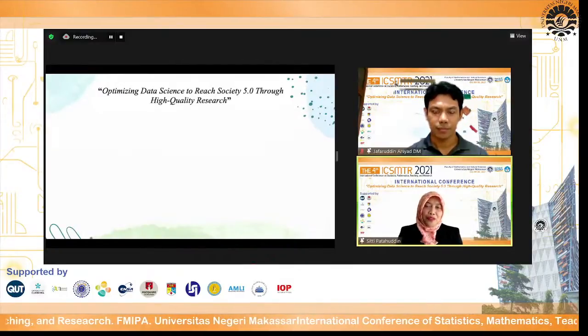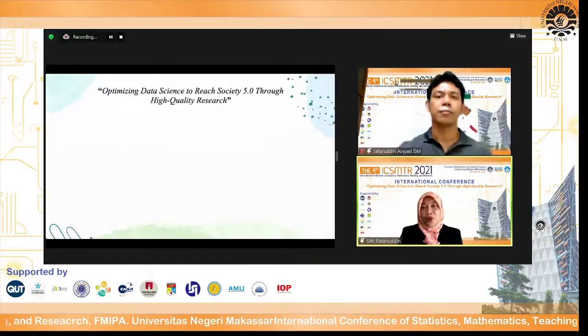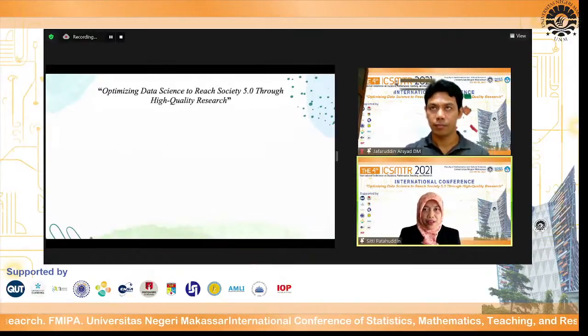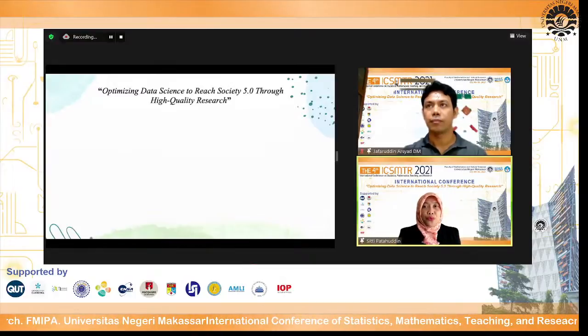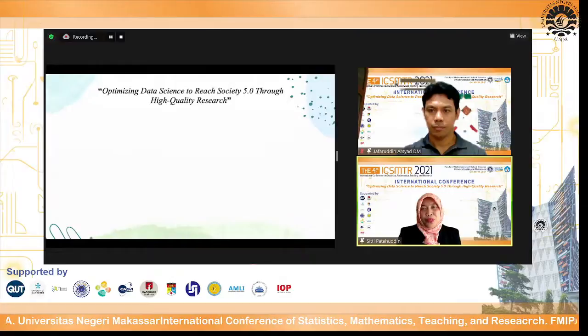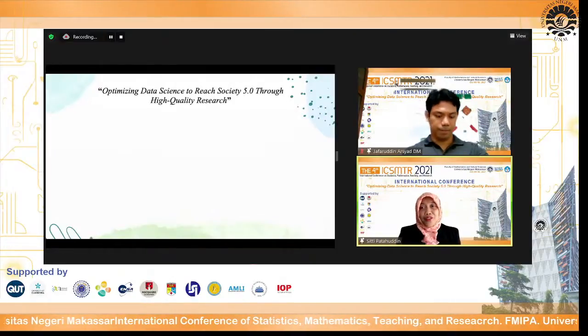So the theme of this conference is optimizing data science to reach society 5.0 through high quality research. To be honest, I don't know much about Industry 5.0 yet.